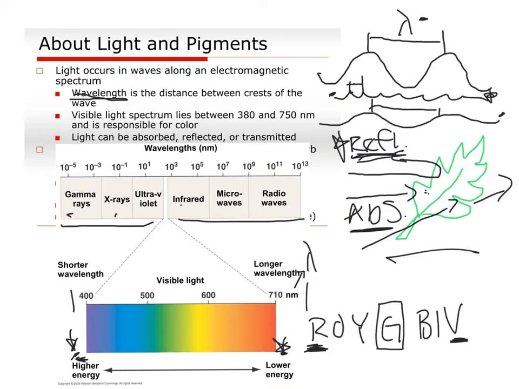The other wavelengths are absorbed for the most part, and we'll talk about that in just a minute. But overall, that's what that means when we talk about objects having a color. What we mean is which wavelengths of light are reflected back into our eye that we can see.